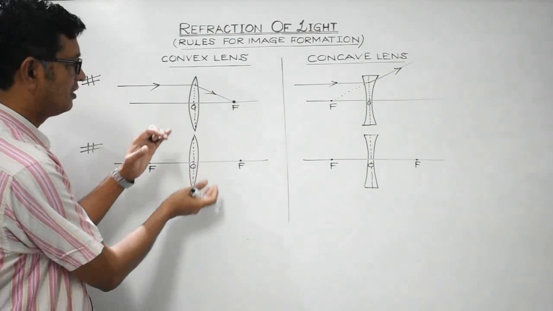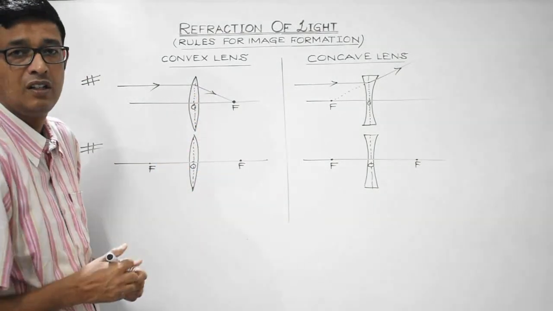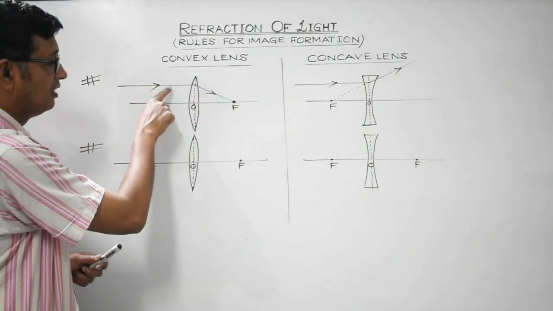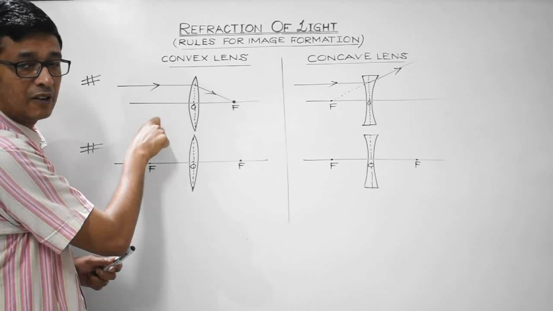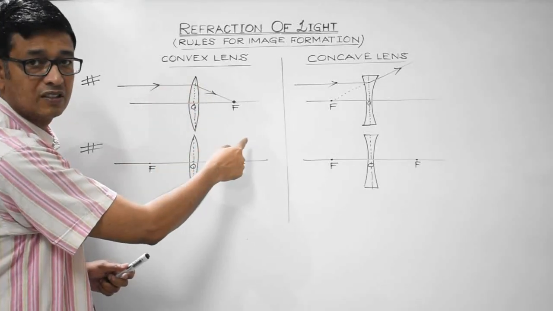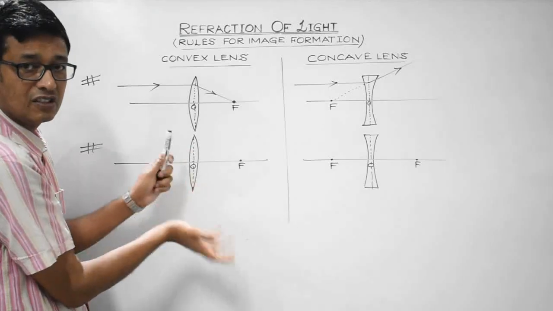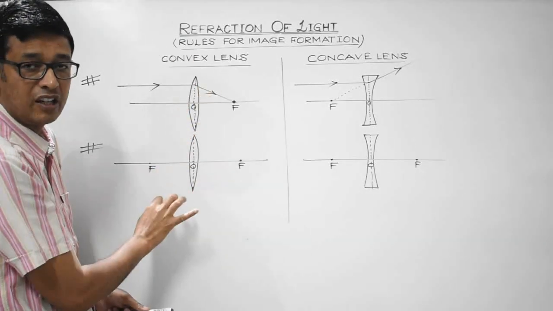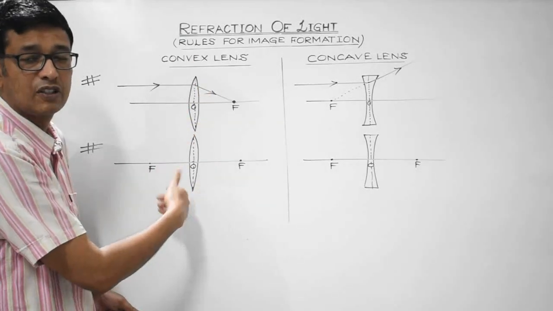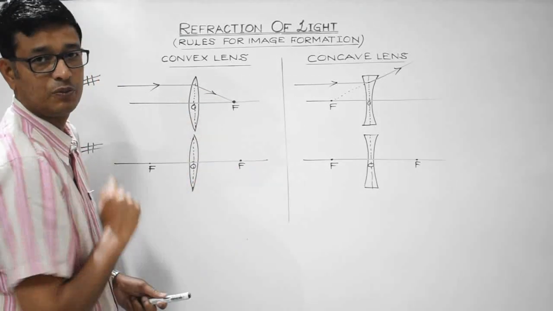Now students, look, it's simply the vice versa of the first rule. First rule is, incident ray parallel to the principal axis, after refraction will pass through the focus. Second rule is just the reverse of that. Incident ray passing through the focus, after refraction will become parallel to the principal axis.